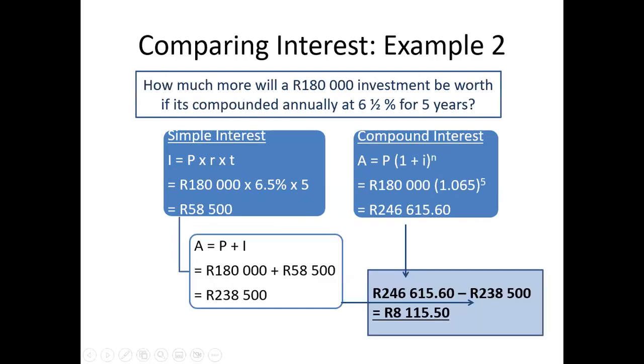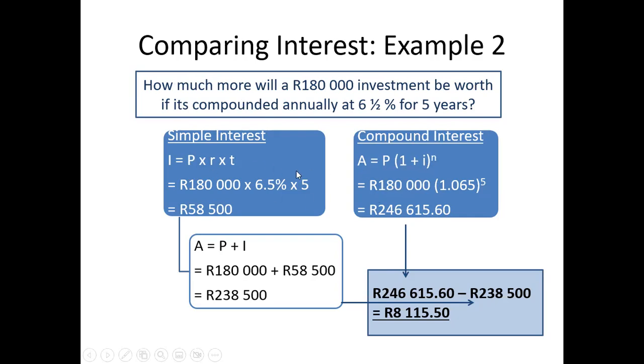The other way they can ask it is they say, how much more will 180,000 Rand investment be worth if it's compounded annually at 6.5% for 5 years? So now the question is about the future value. How much more will the investment be worth? Same thing.